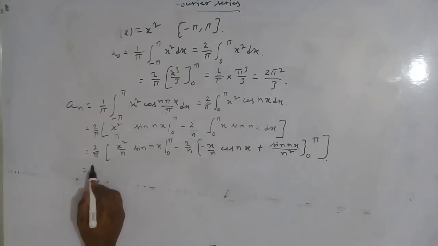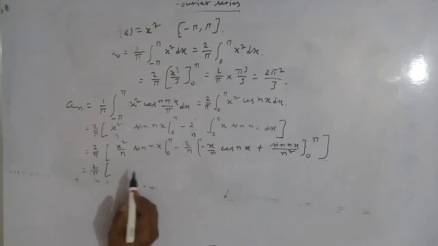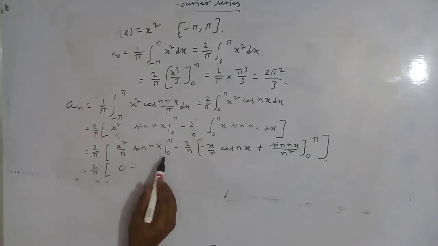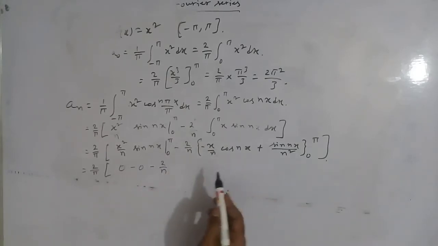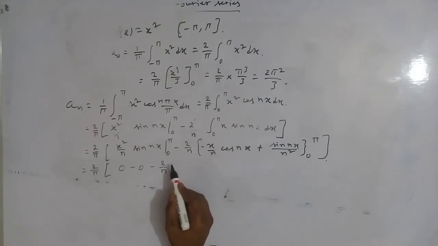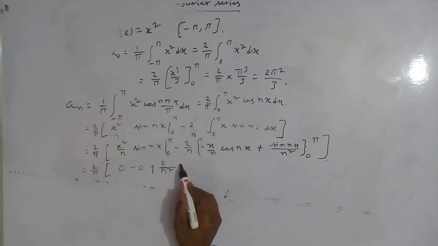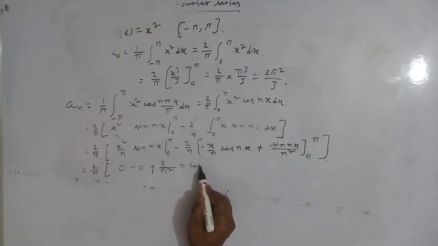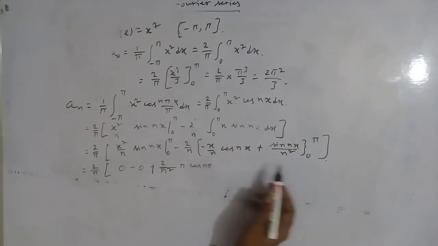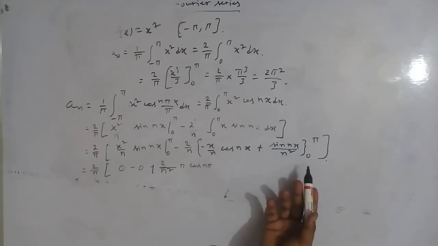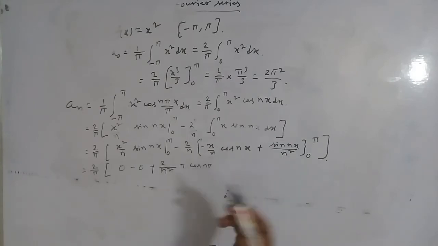Now if we put the limits, for pi, sin n pi is 0, this will be 0, minus for x equal to 0, this will be 0, minus 2 by n. For pi, this is plus, so 2 by n square pi cos n pi, and for pi it will be 0, for 0 this will also be 0.